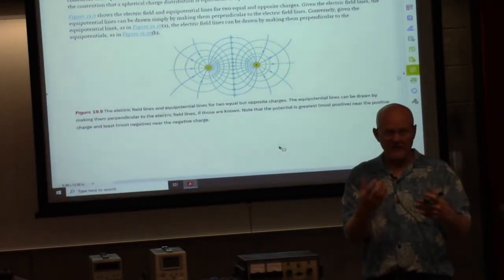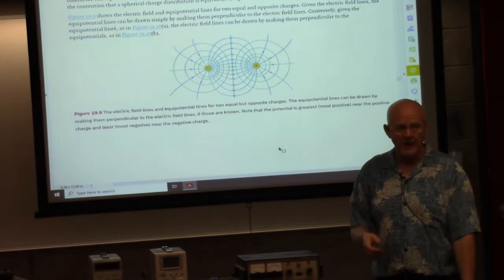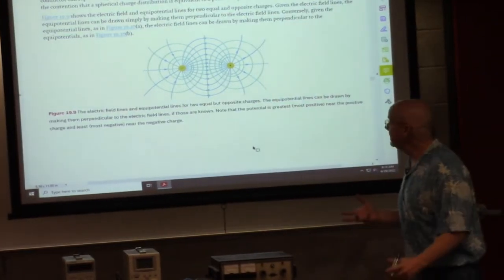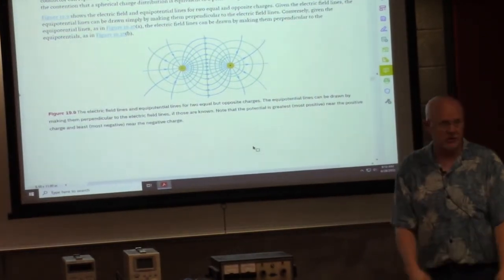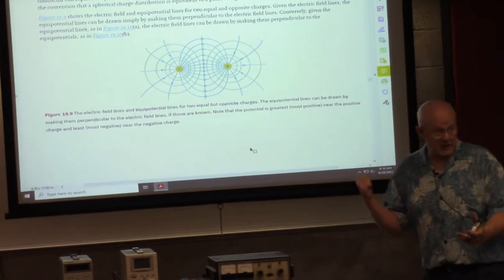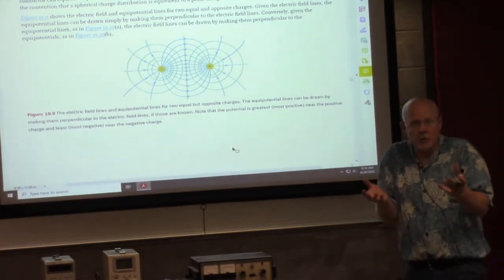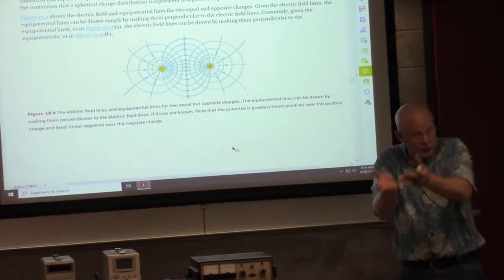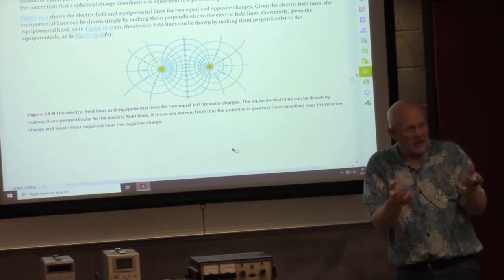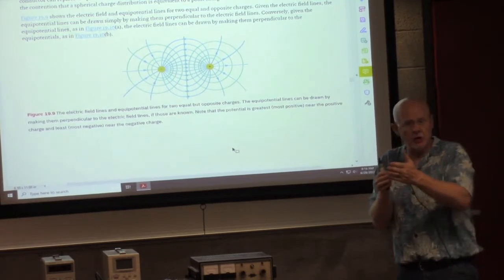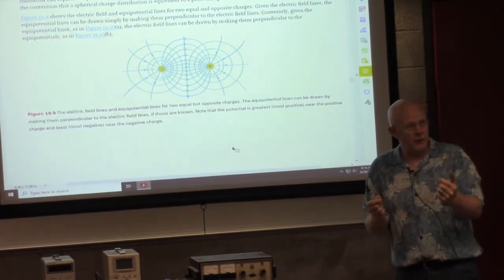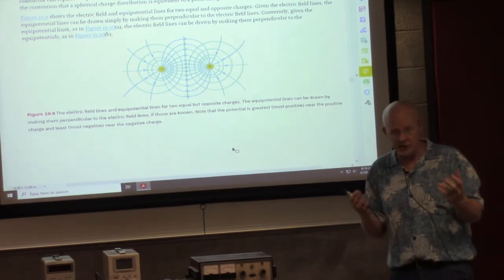I just wanted to set that up and say, notice then that there would be these things called equipotentials. They're green lines in the picture. They, of course, would have to be perpendicular to the blue lines because you change voltage when you go along that blue line. So if you move sideways to the blue line, there's no force.